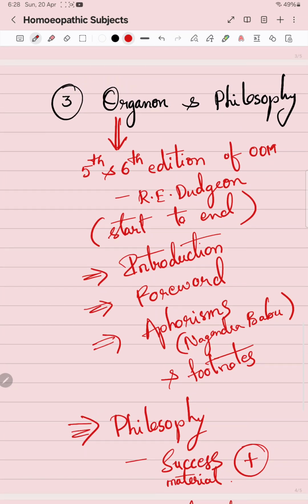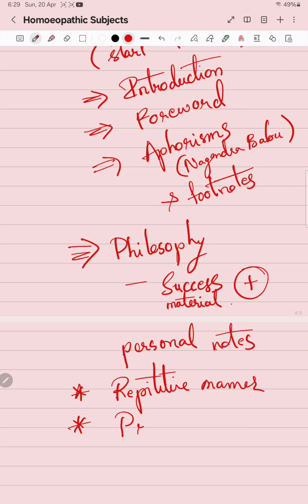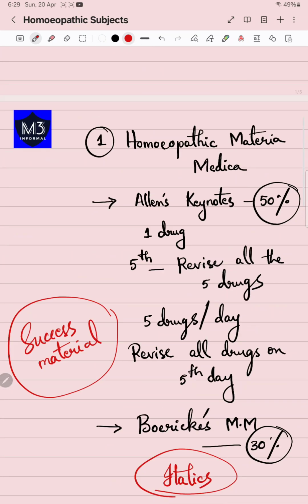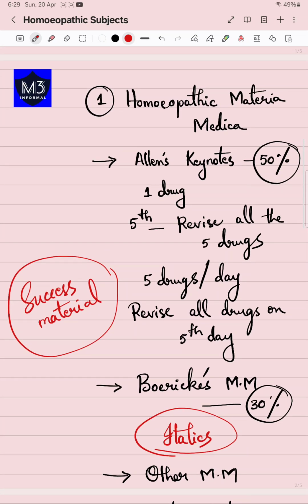This also should be done in a repetitive manner, and practice more bits. You have to remember that homeopathic subjects are not one-to-one ending subjects. There is no end to each subject.